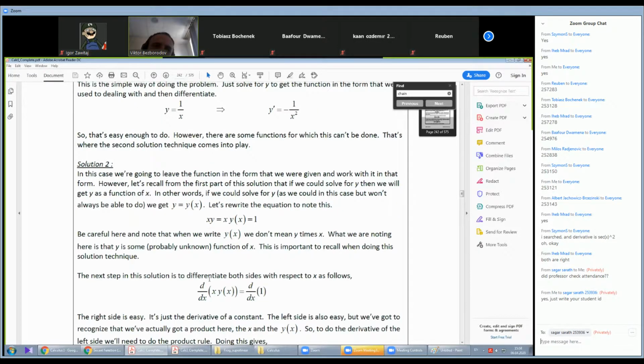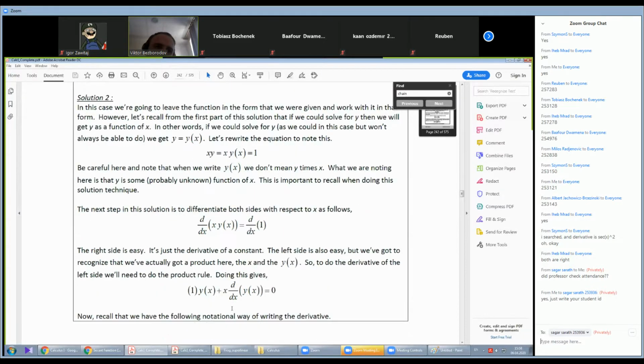Now you take the derivative as a product. It's a product of two functions, x and y, and then you take the derivative. So the derivative of x is 1 times y plus the derivative of y times x. Now they also equal 1, and the derivative of 1 is 0.